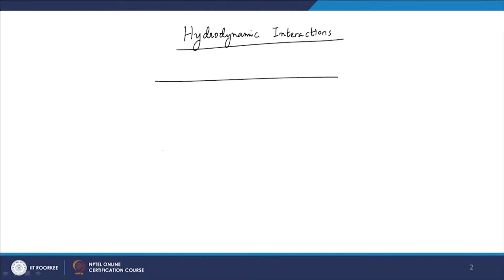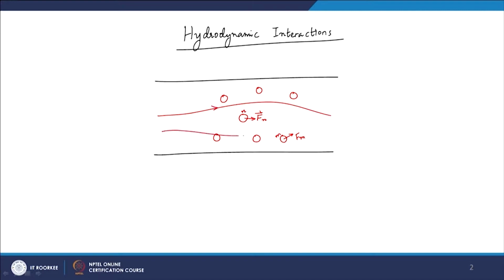So until so far, what we have discussed in the hydrodynamic interactions is that if I have a system of particles, then the force that is acting on any particle is actually affecting other particles in the solution by the means of the fact that each of the other particles changes the flow field around the particle.